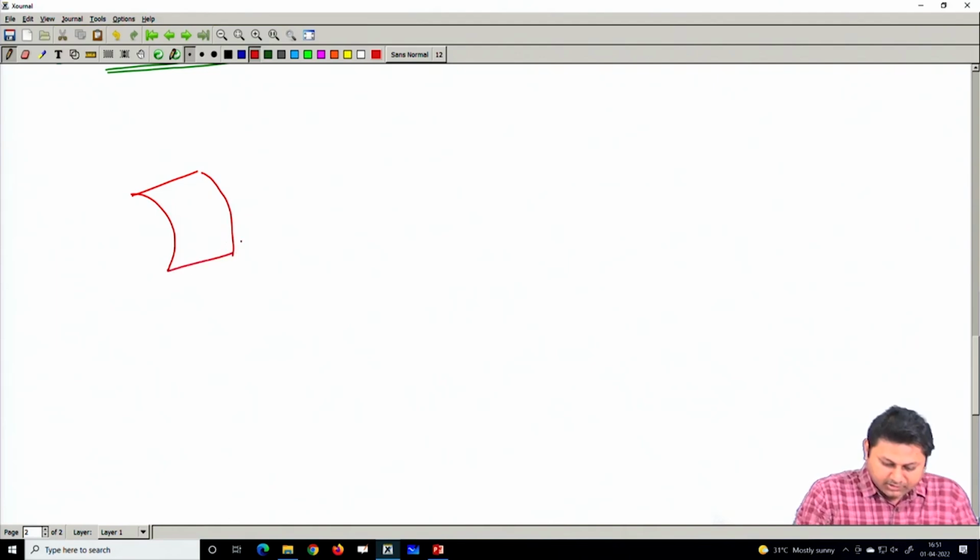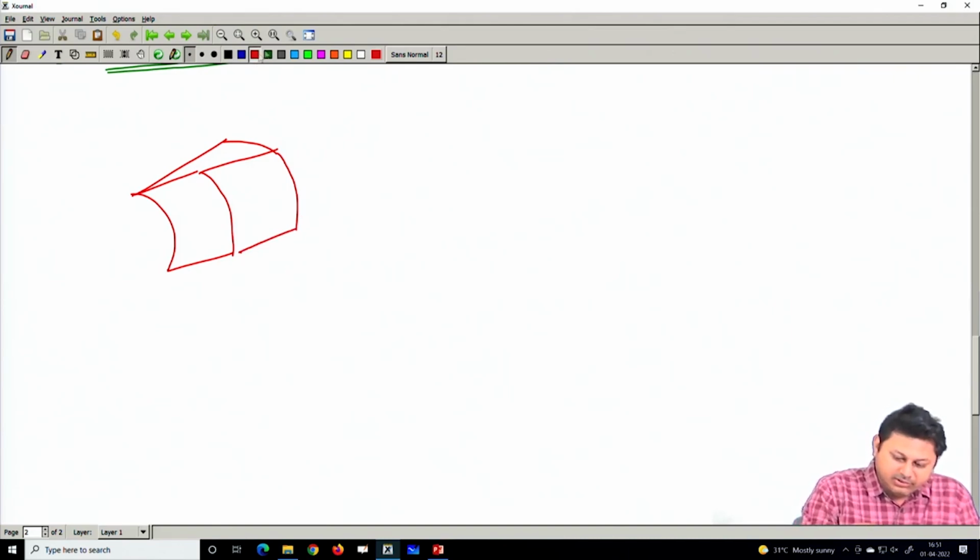So, I am using this weird looking system where, I should have one line here also.